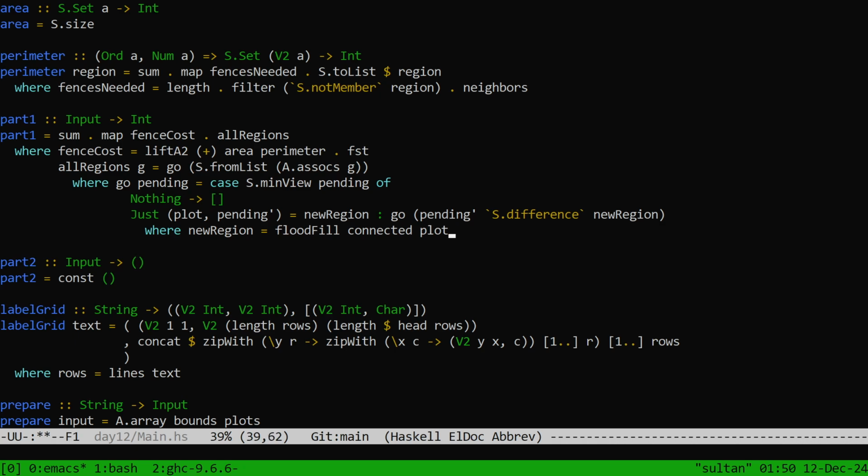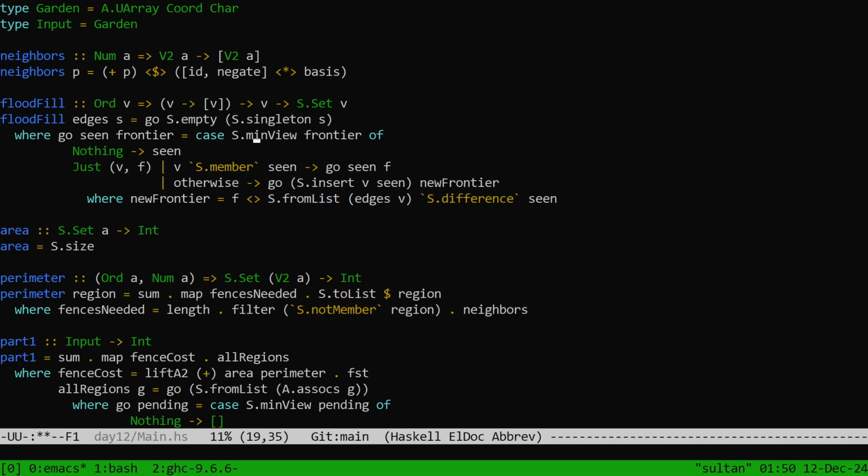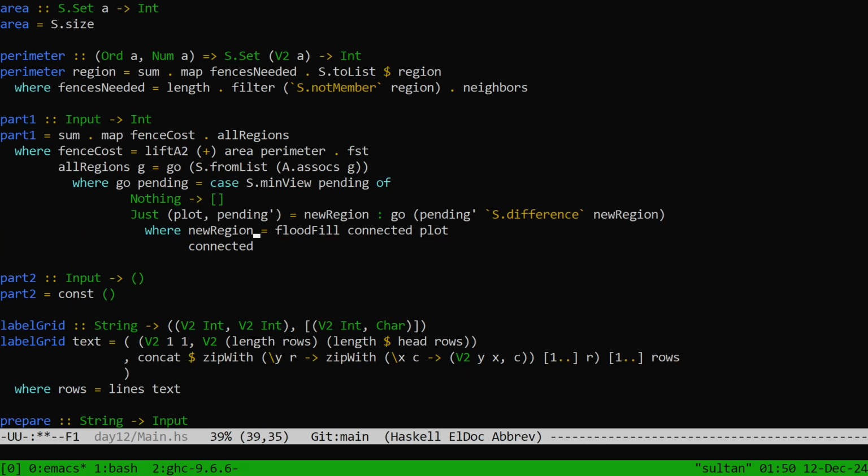I guess it's just plot, right? And connected, actually, yeah, this makes sense.